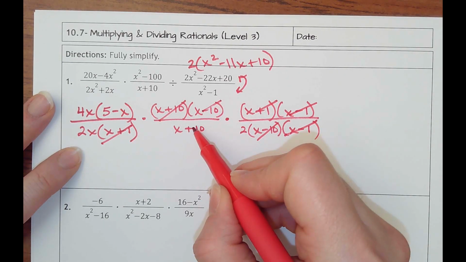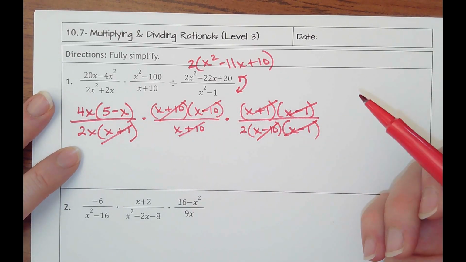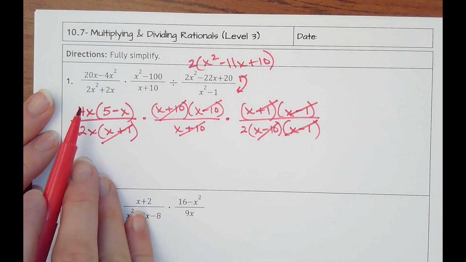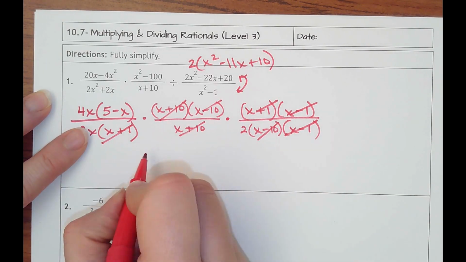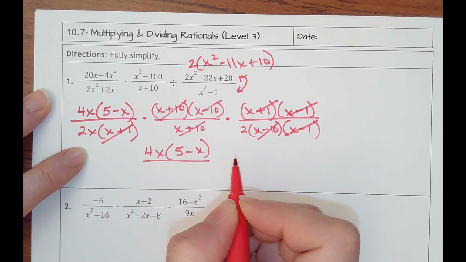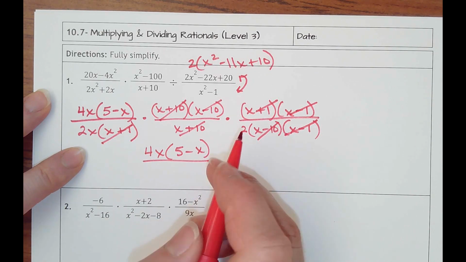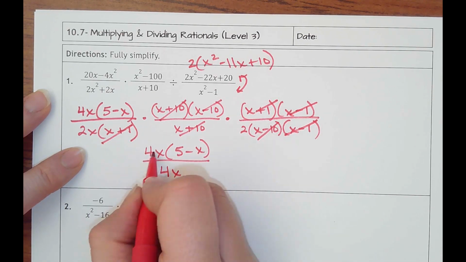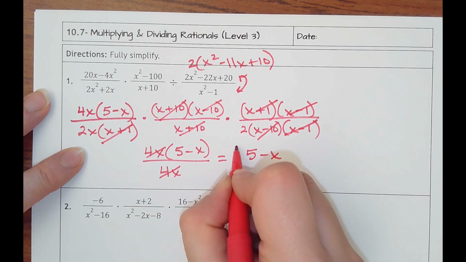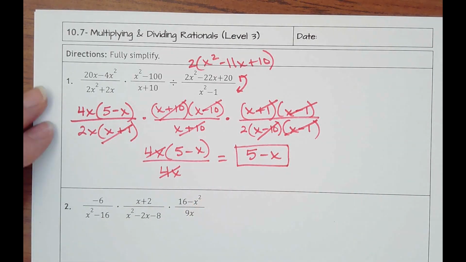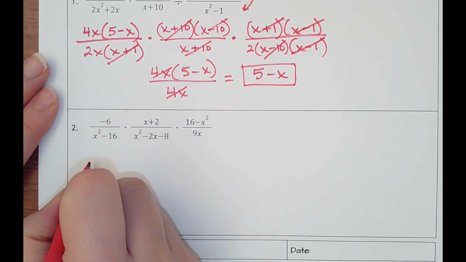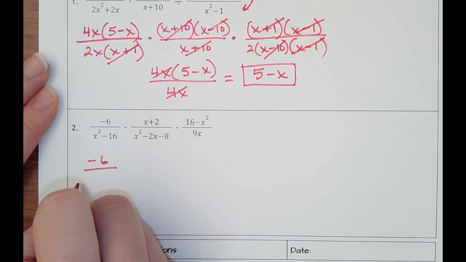I'm sorry, an x plus 10. Okay, so again, you could go on and cancel now, or I like to go ahead and just write it out and see what's left. 2x times 2 would be 4x. So actually these 4x's will divide out, and you're left with only 5 minus x. It's kind of satisfying.